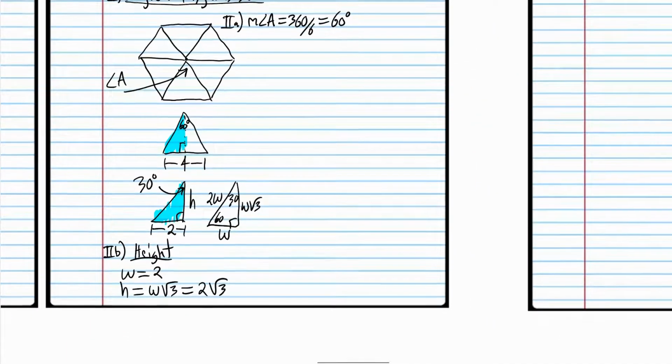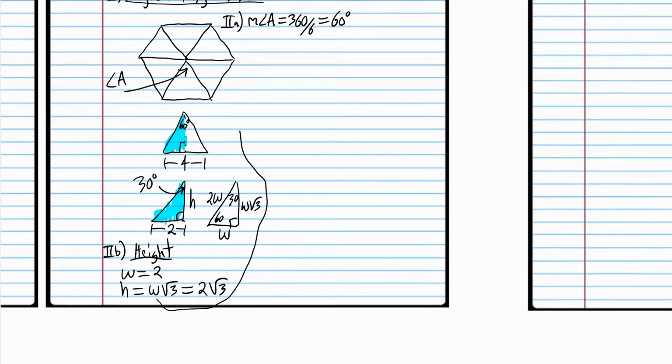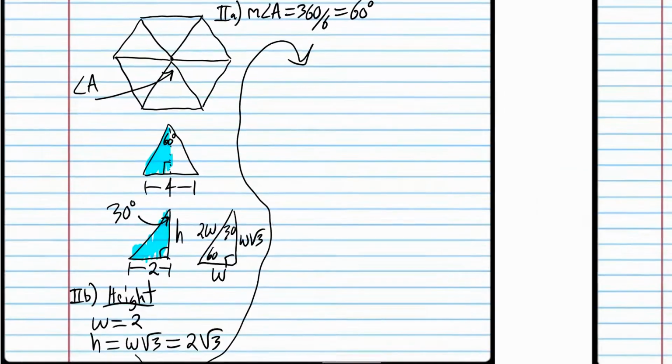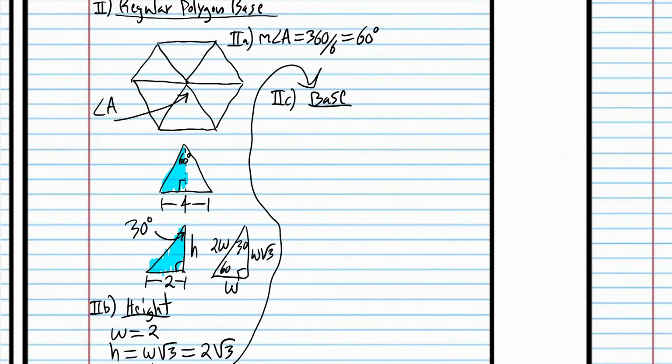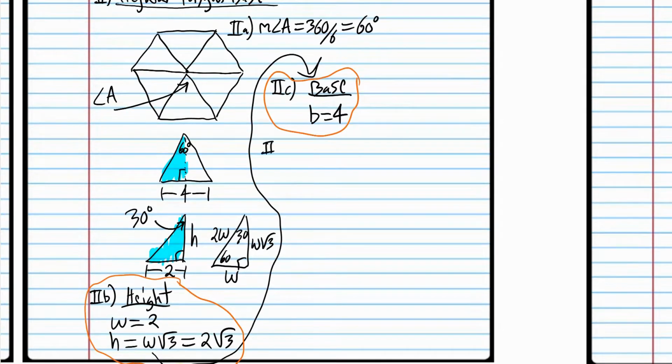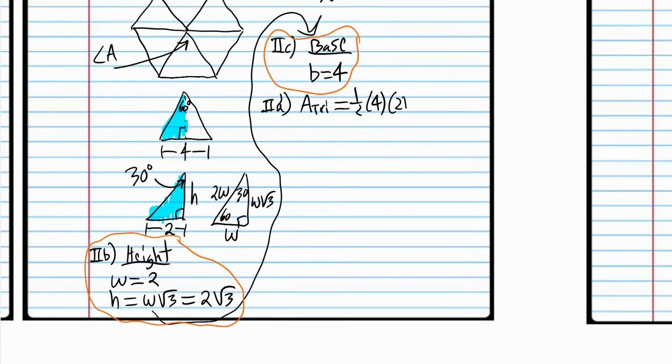And so now we're going to go up here because we obviously are out of room. Now we're going to find the base. So the base we already have is 4. Step 2D. We're now going to find the area of one of those triangles, which equals 1/2 times the base times the height, which is 2 root 3.